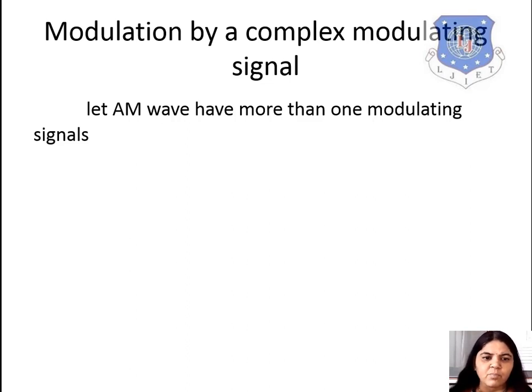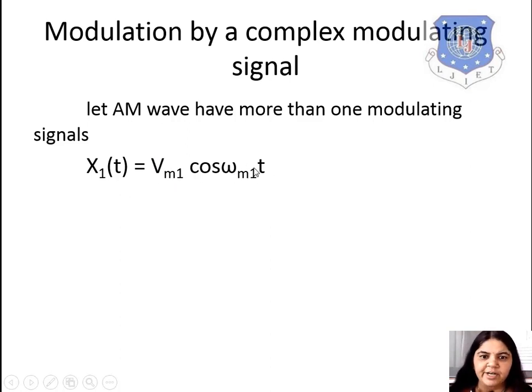The modulating signal x1(t) is equal to Vm1 cos omega m1 t. Vm1 is the amplitude of modulating signal 1, and omega m1 is the radian frequency of the x1(t) wave, where omega is equal to 2 pi f. So my x1(t) signal has the frequency fm1.